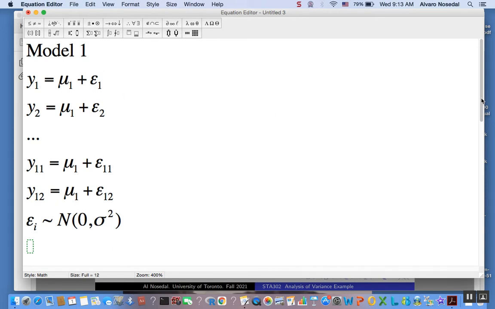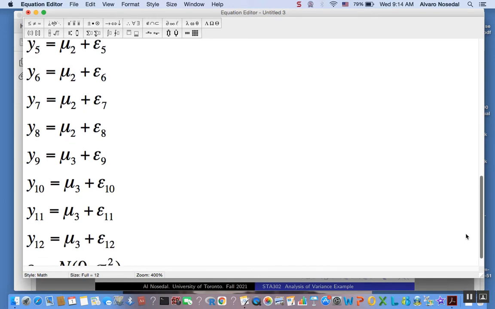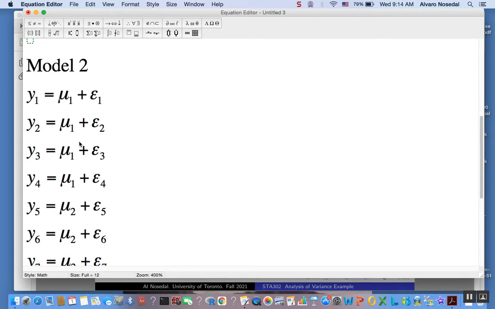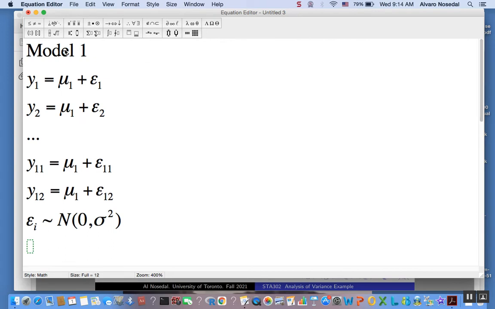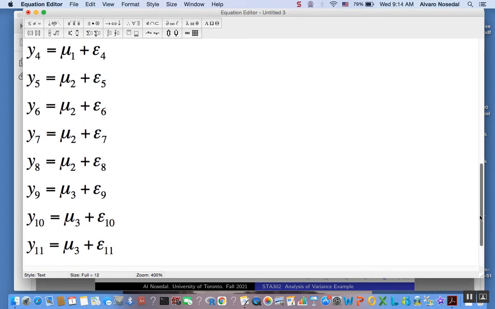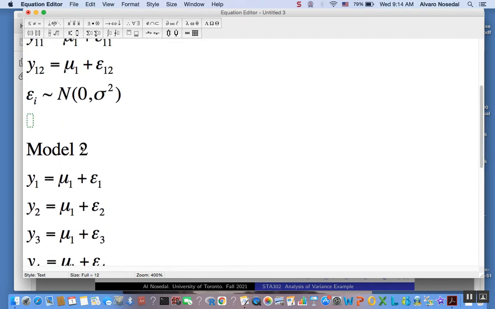So when the null hypothesis for this more complicated model is true, and that reduces to model 1, let me refer to the simpler model as the reduced model. And since this one is more complicated, it has more parameters, let me refer to this guy as the complete model. Okay, let's keep going.